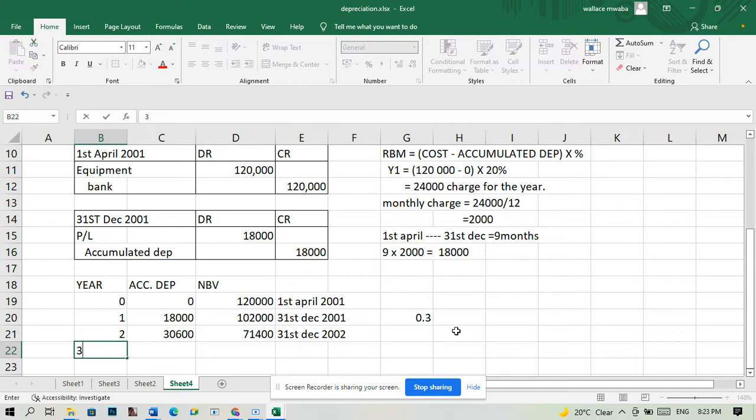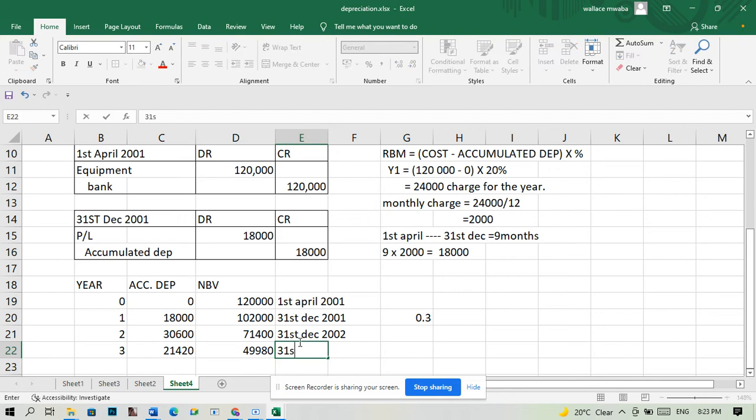Then we now go to year 3. We're going to get again 30% of 71,400, which is 21,420. Then we get the net book value: 71,400 minus 21,420, we get 49,980.